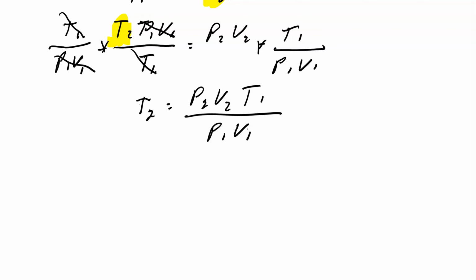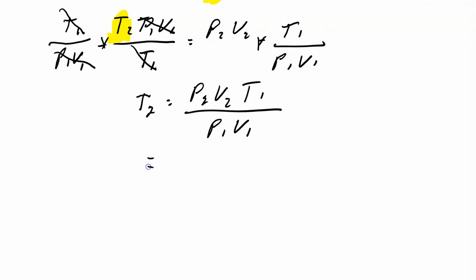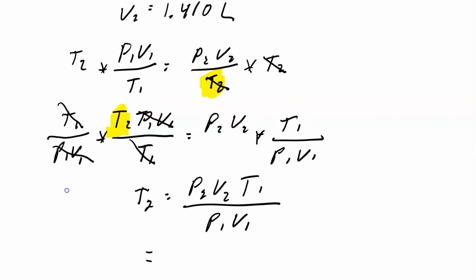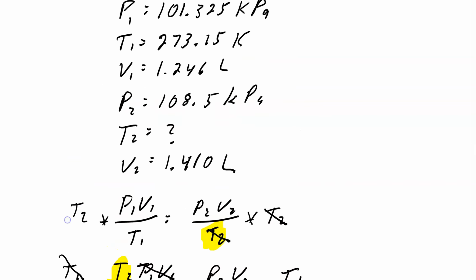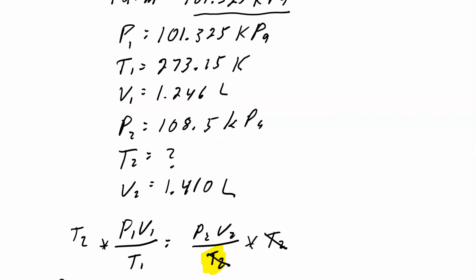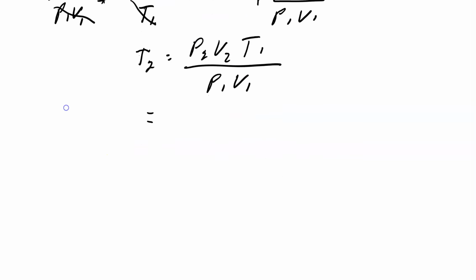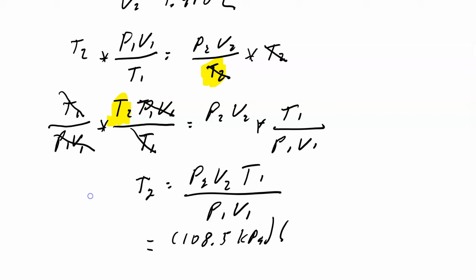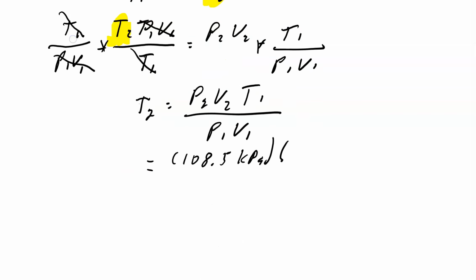So now we're just going to substitute numbers in. P2 was 108.5 kilopascals, so we're going to write 108.5 kilopascals. V2, our final volume, 1.410 liters.